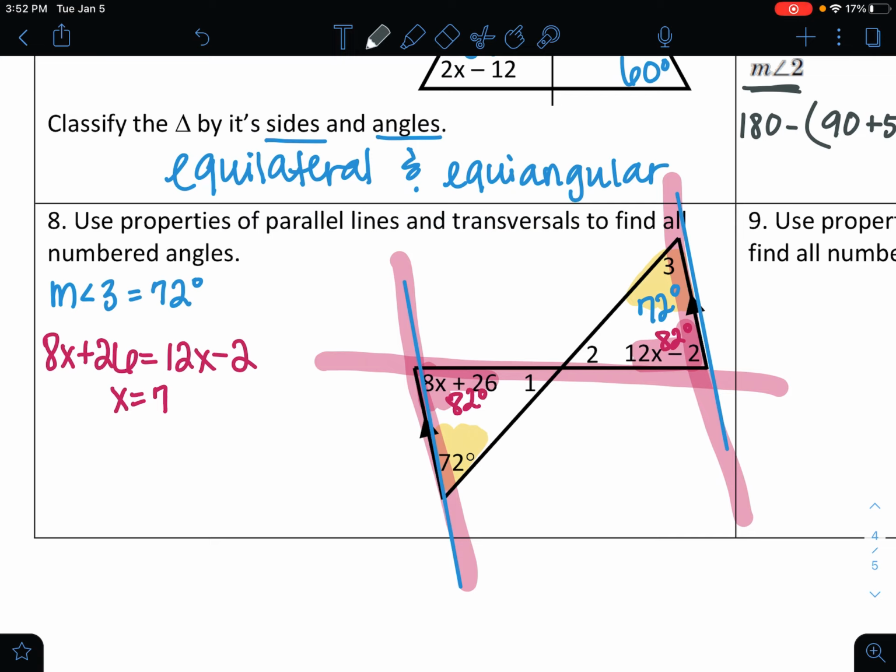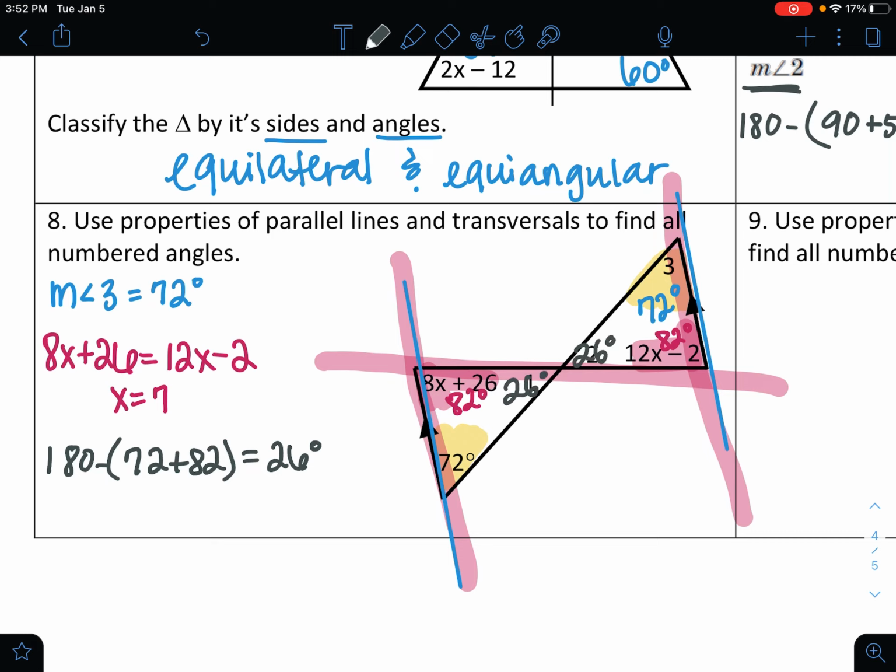So we have 72 plus 82, add those up and take it away from 180, and then that'll give us the answer. And that'll be 26 degrees. So angles 2 and angle 1 both should be 26 degrees.